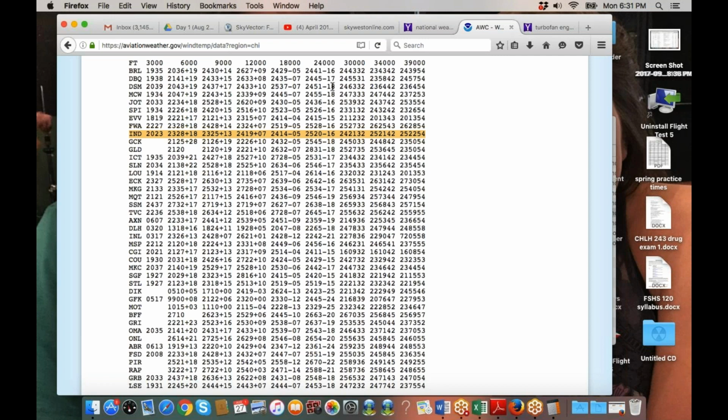The jet stream is pretty high during the summer. The jet stream actually lowers in altitude during the winter and also moves further south. So during the summer, we really don't have too bad of headwinds or too good of tailwinds. So 20 knots at flight level 300.